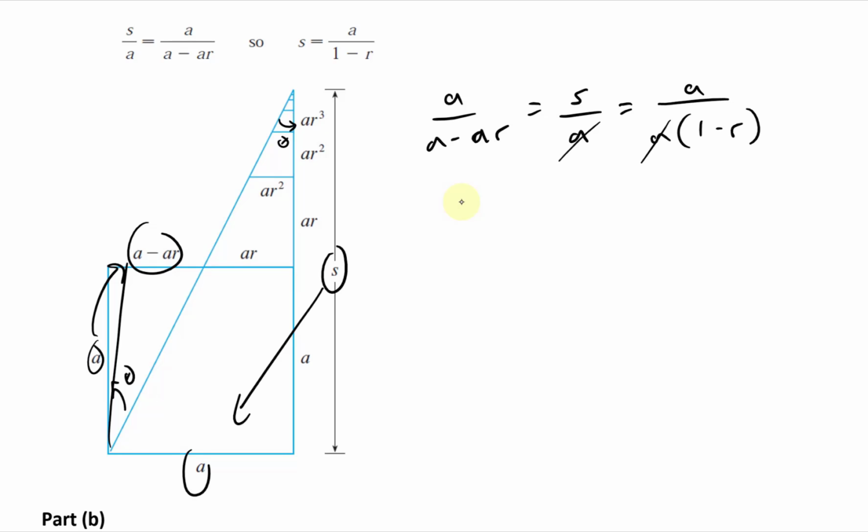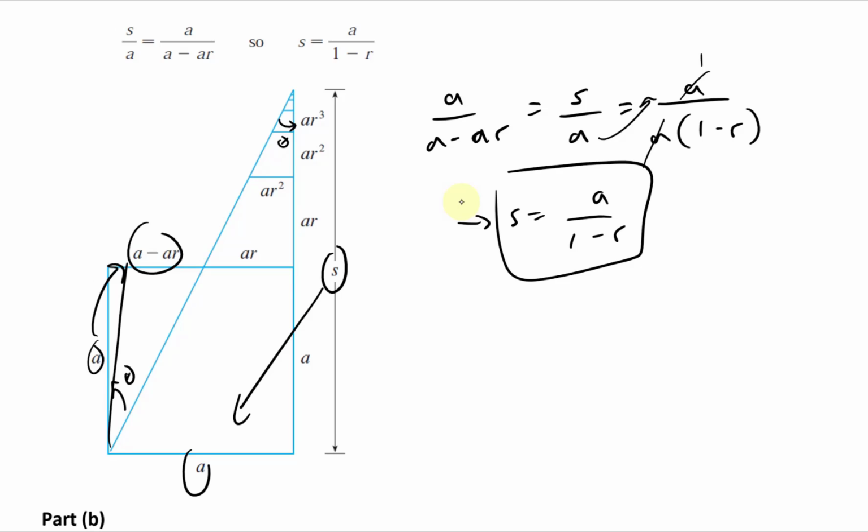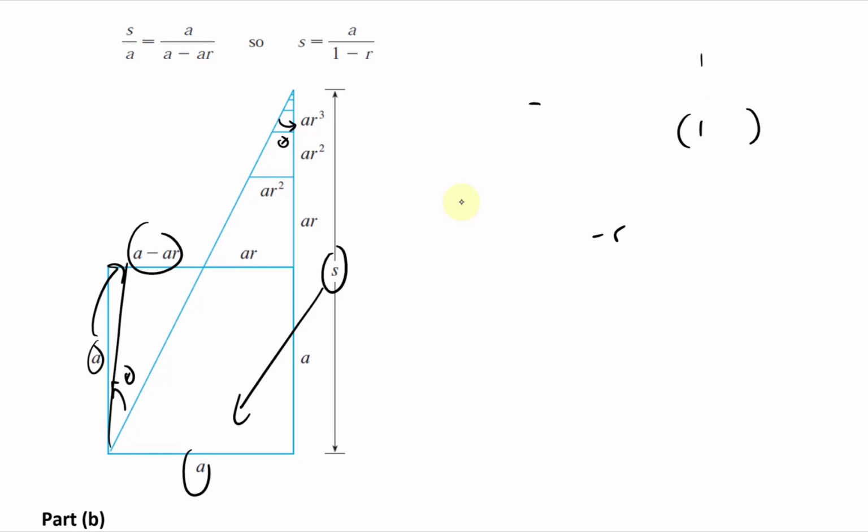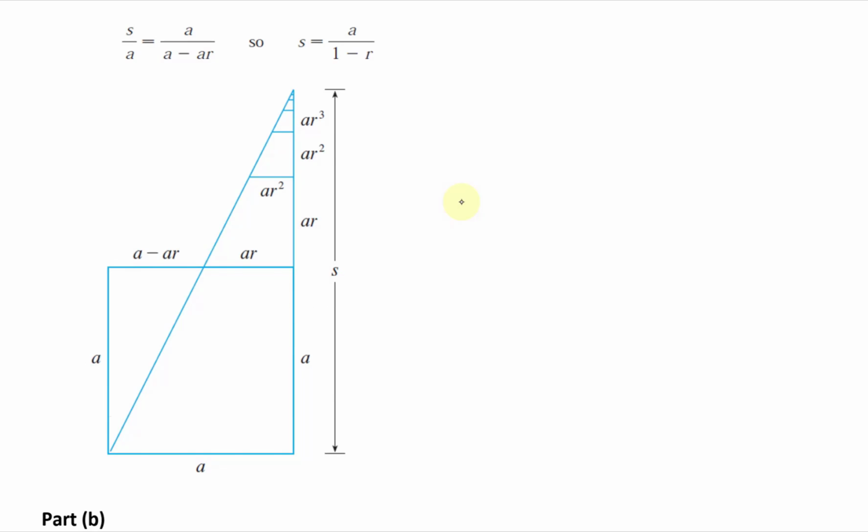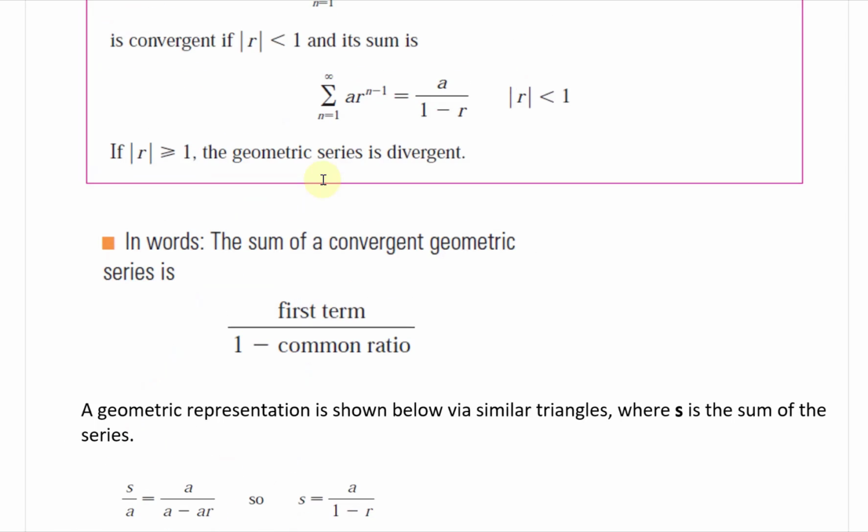So now these cancel, that becomes 1, and moving this over, it becomes a. So you get S equals a divided by 1 minus r, and that's this part right here. Anyways, I just wanted to illustrate that, and you can see my earlier video to dive further into this geometric illustration. So that's part A.